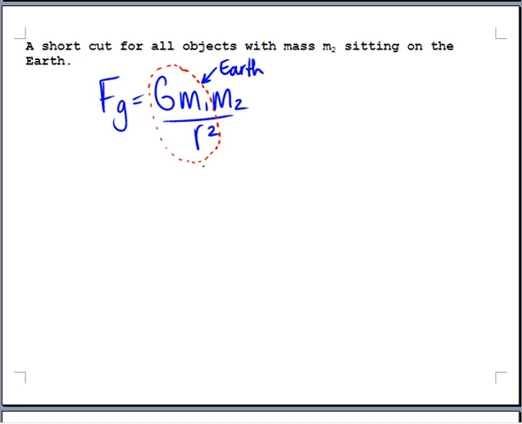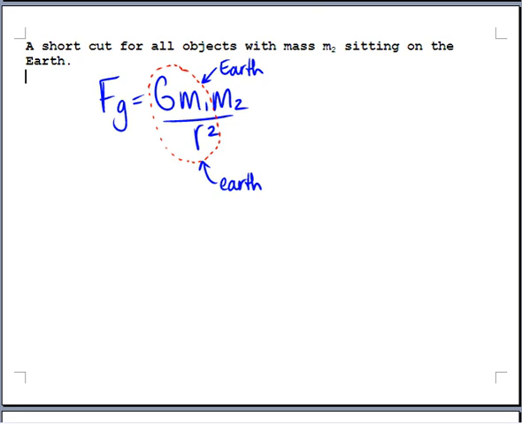And for r squared, hey, for an r value, let's plug in the radius of the Earth. Why don't we figure out what that number is equal to, the stuff in the red circle, and then we can just turn it into a single number, and then we could just take that single number and multiply by mass number 2, whatever the mass of the object is.